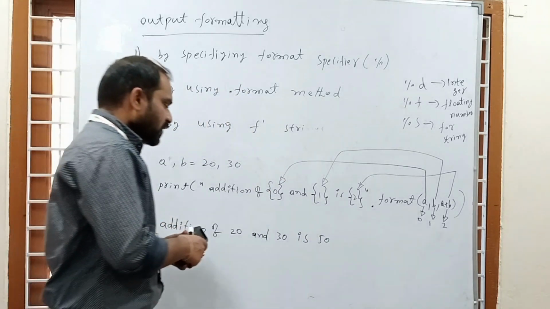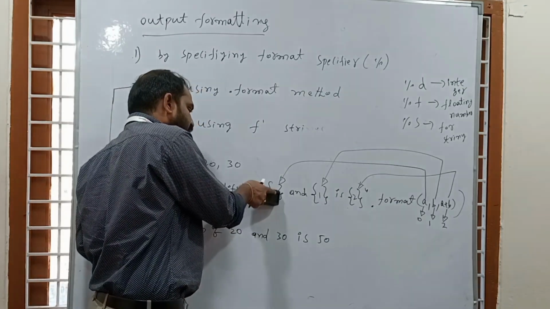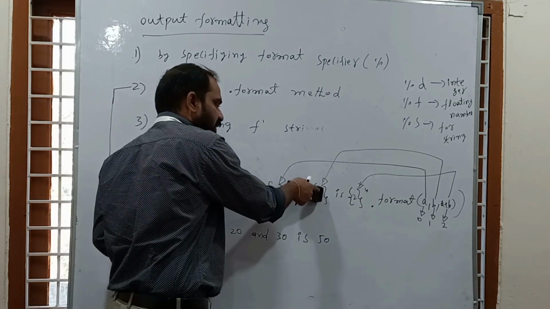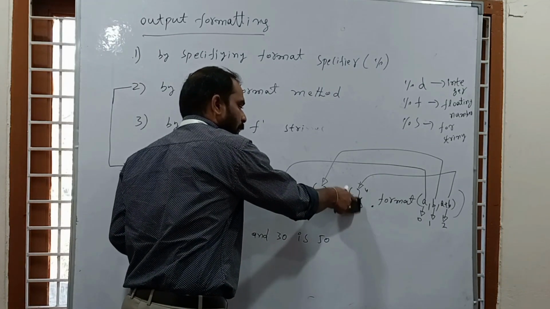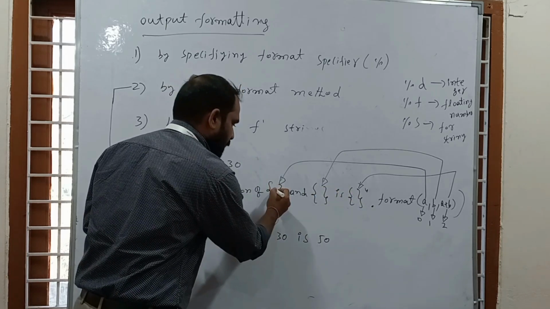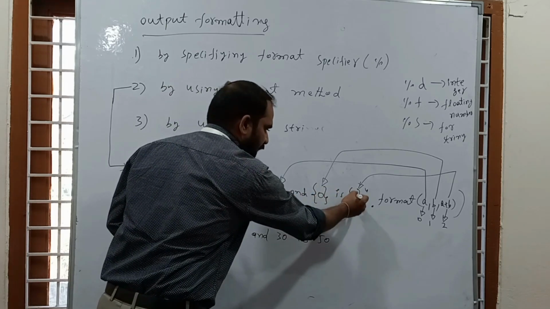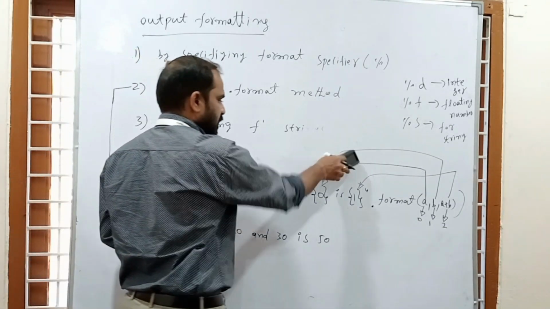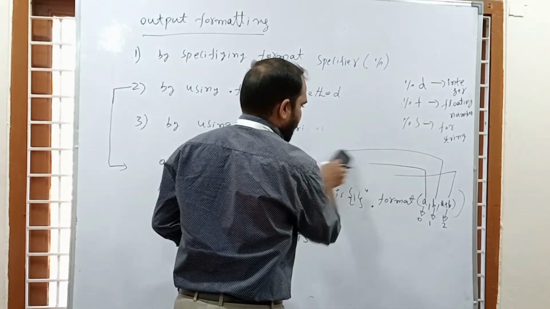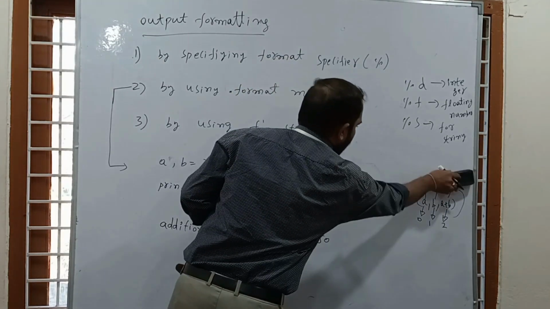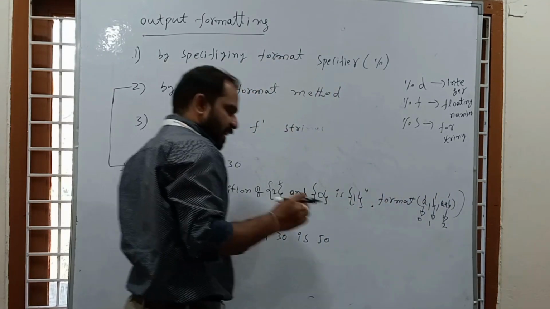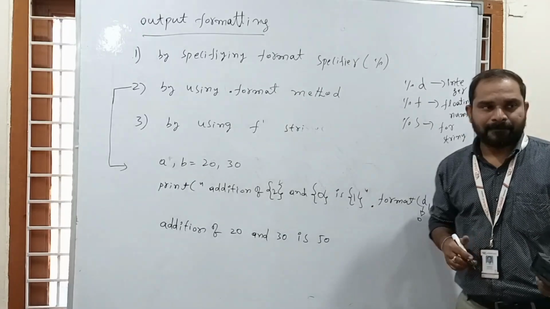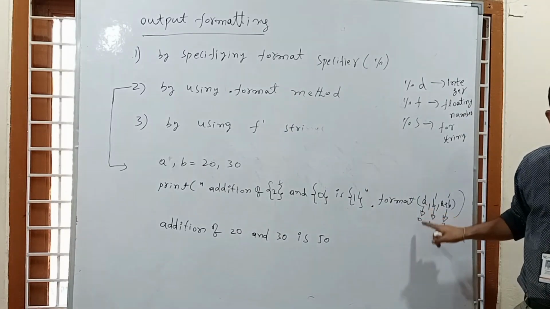Okay. So what if I interchange the position numbers in the placeholders? Now here I'll keep 2, I'll keep 0 here, I'll keep 1. Now what will happen in this case? Where will A be placed? What is the index number of A? 0.